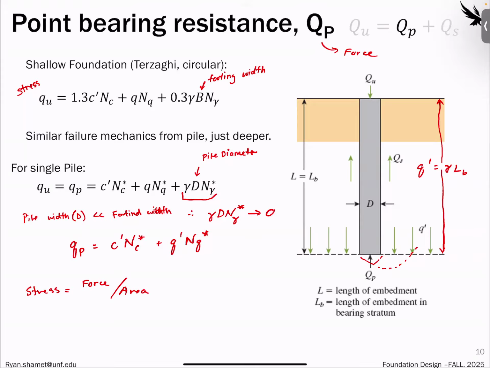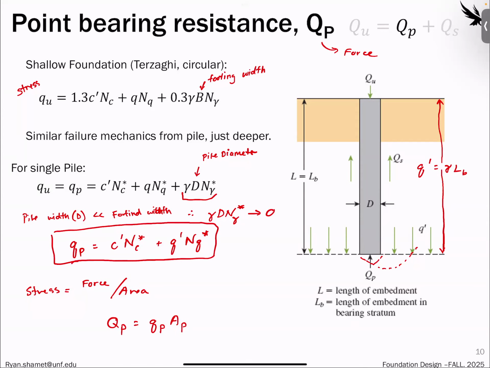So really, we don't need lowercase qp, we need uppercase Q, which is going to equal lowercase q times the area of the pile. So this is how we derive it. This is the assumption made.